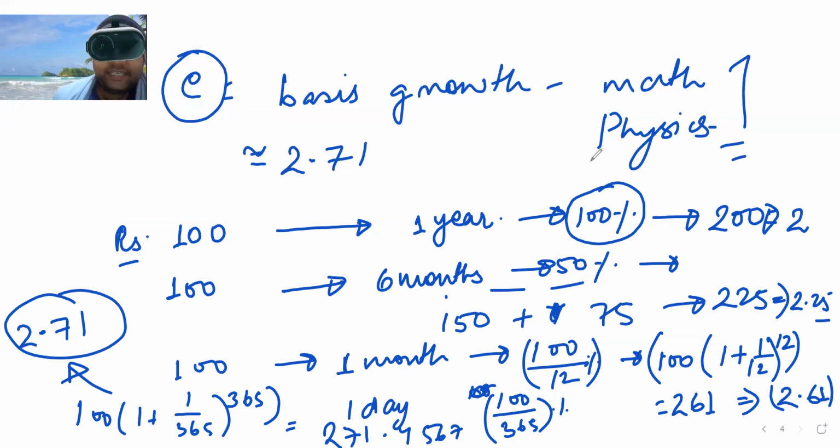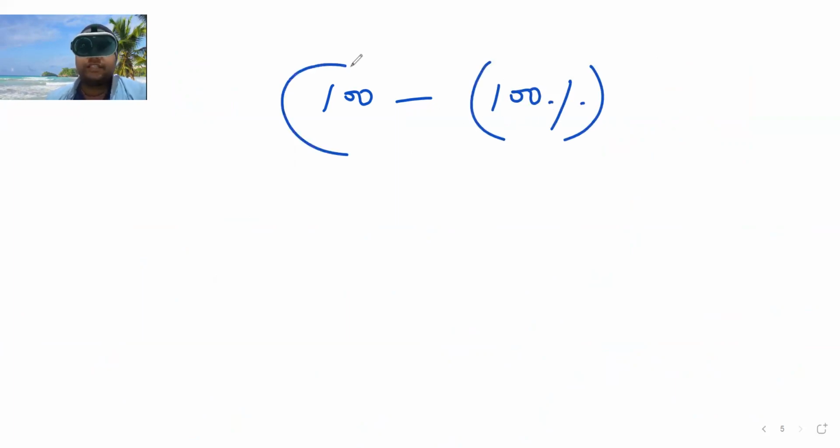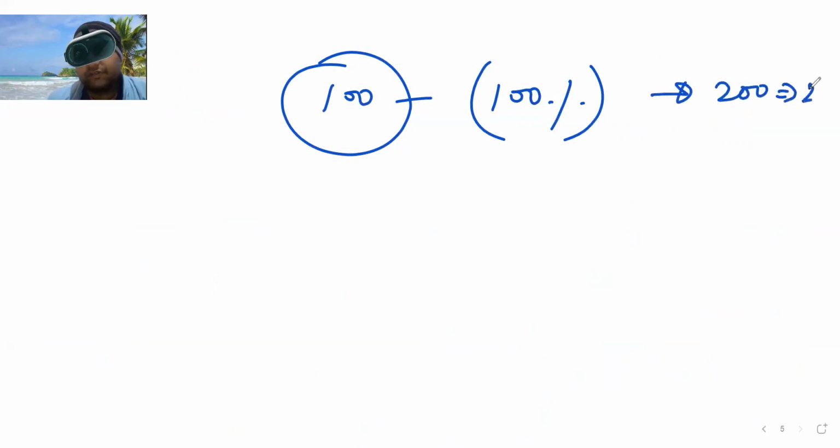So the point being that the more real time your growth becomes, while you try to double your amount, okay, the idea is that we need to double it, correct? That's where we started off, that we had 100 and we had to cover the journey of 100% addition to the initial amount, correct? So we reach from 100 to 200, which means that our rate of growth will be 2.